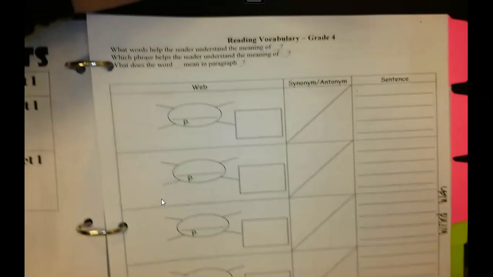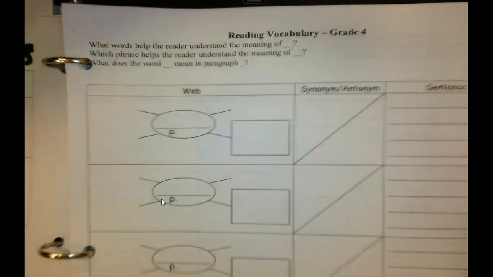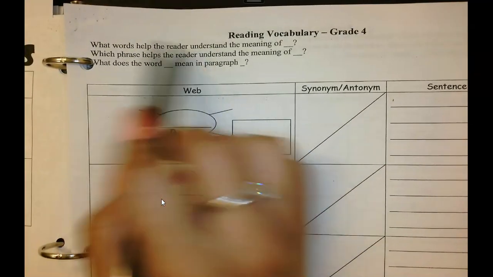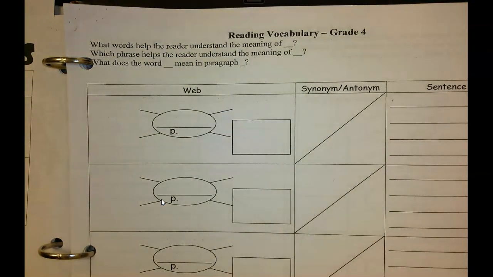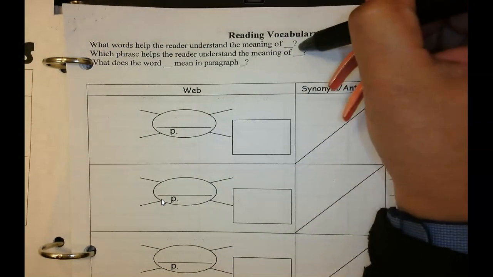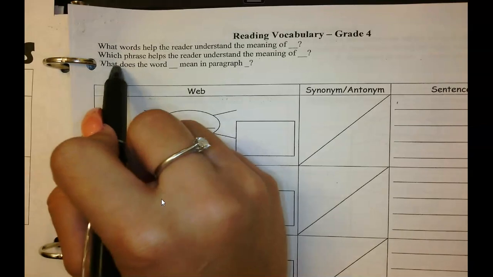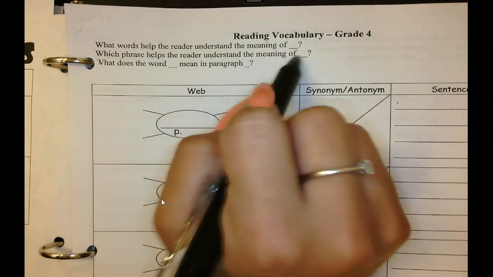So this is the word web we had before, but now it's going to be in the new packet. And if you notice, boys and girls, I'm going to zoom in. It says, what words help the reader understand the meaning of? So that's what I just asked you right now. We use context clues to define the word civilization. And this is how you're going to see it in your STAR or your BWAs. Another way they're going to ask you is, which phrase helps the reader understand the meaning of, and then the word.